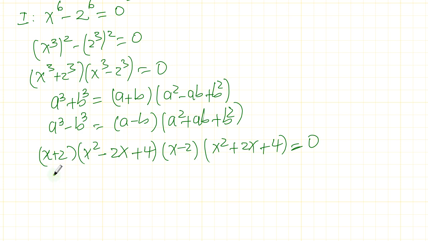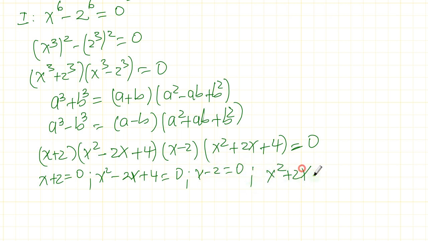So from here guys, we have x plus 2 equals 0, x squared minus 2x plus 4 equals 0, and then we have x minus 2 equals 0, and x squared plus 2x plus 4 equals 0.